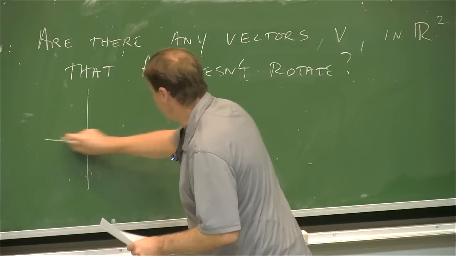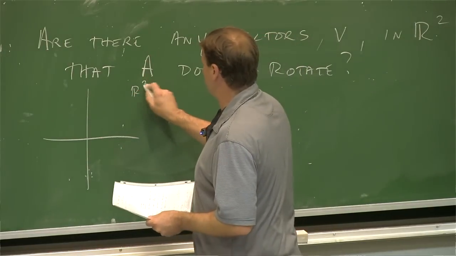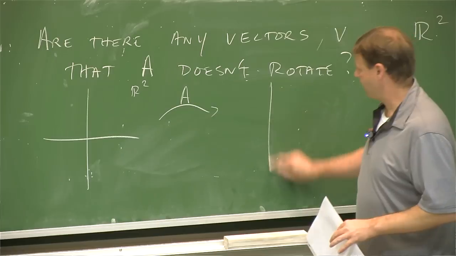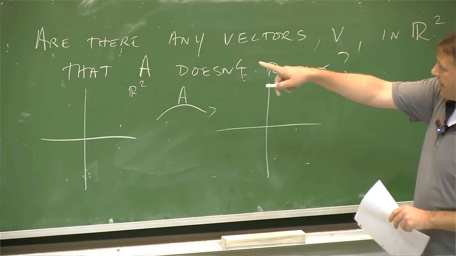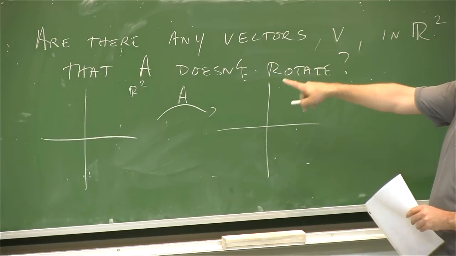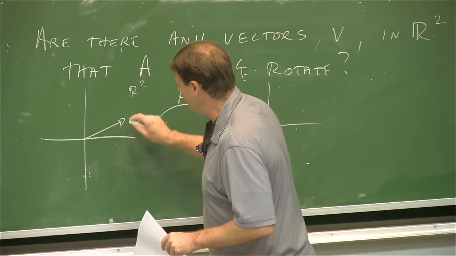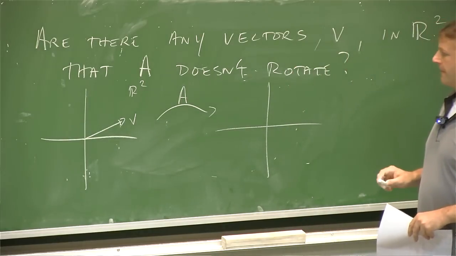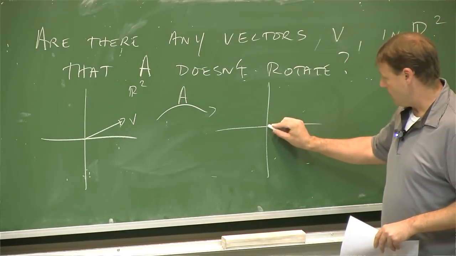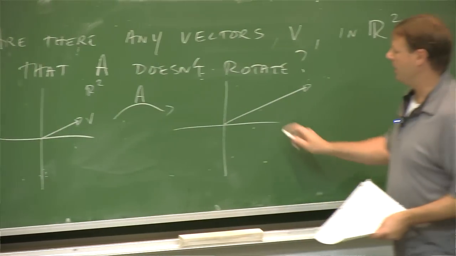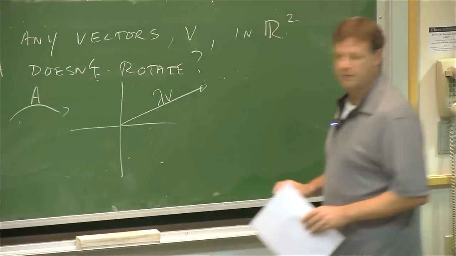That's what we're doing. Okay, so let's write down what I mean by this pictorially. Here's R2, and then A does its magic. So what I'm saying is, are there any vectors that it doesn't rotate? If it doesn't rotate it, then there's going to be this vector v, and I get the same angle, but it might be a little longer. So that's lambda v.